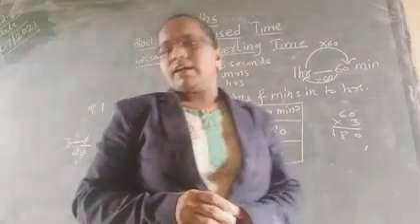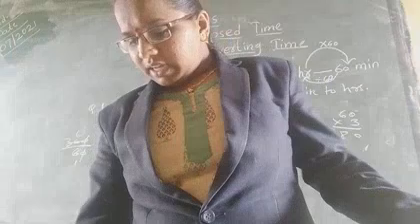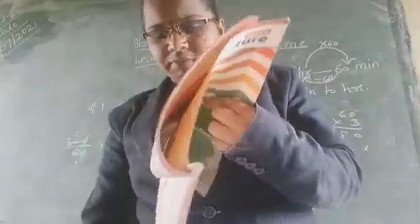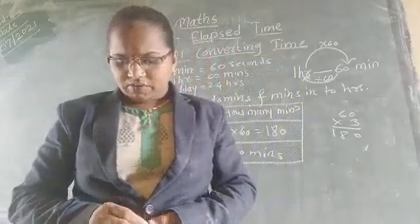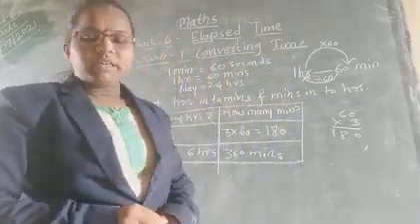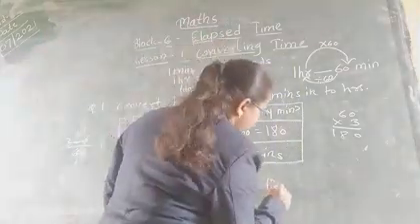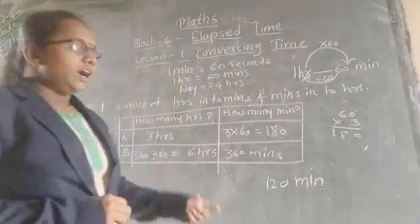Okay. The second example: Ramit's grandmother prays for 120 minutes every day. For how many hours does she pray? ती 120 minutes प्रार्थना करते, त्याचे hours किती?